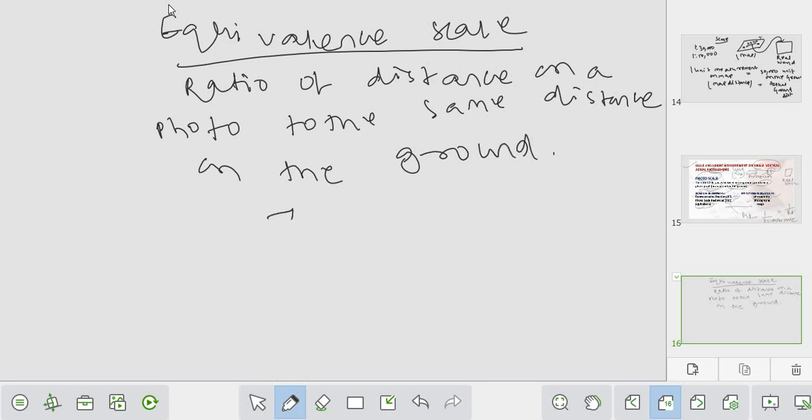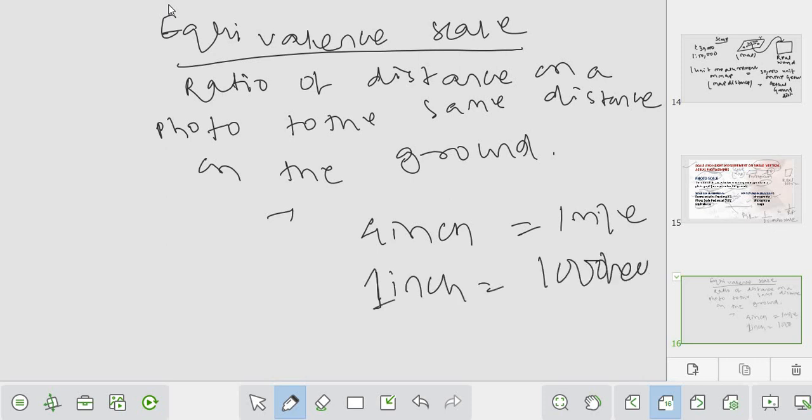The unit can be different. जैसे मान लो 4 inch is to 1 mile, जिससे सुना होगा 1 inch equal to 1000 feet. So this is like that only. So ratio of distance on a photograph to the same distance on the ground, ठीक है.